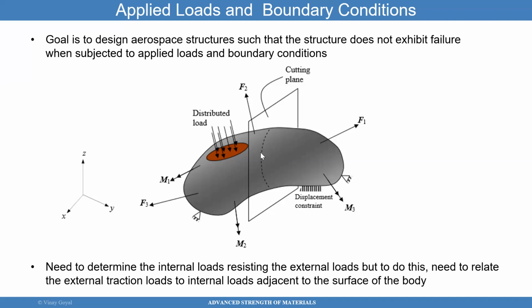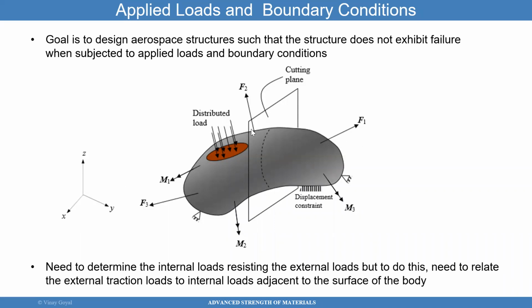And so for me to examine what that is, I can do a cut plane to understand what is going on. So given the boundary conditions, given the external loads, something's going on inside the structure. And we need to determine those internal loads. Those internal loads are resisting these external loads.